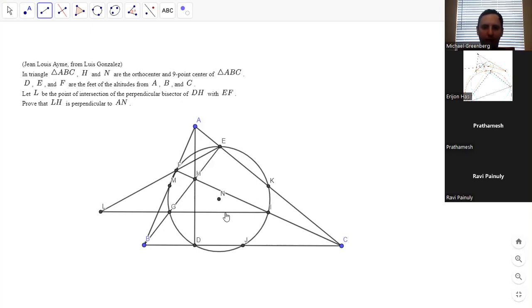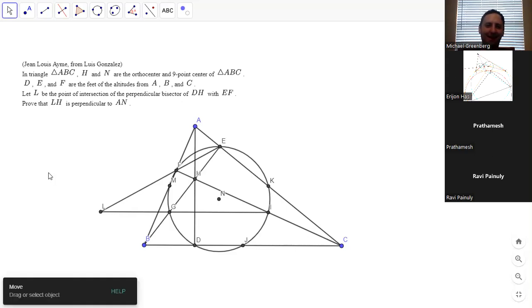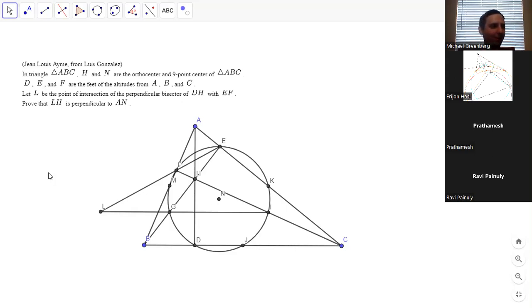It almost feels a little like Ricard's theorem. Like, what if we let GF and EI intersect? Or something like that. Yes, don't give us too many hints. But yeah, it does feel like Ricard's theorem.